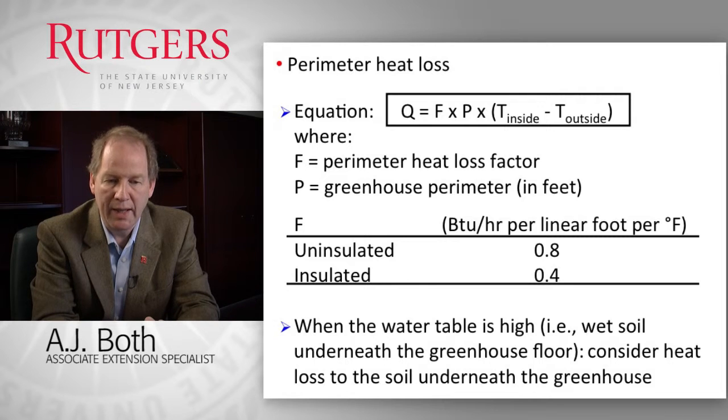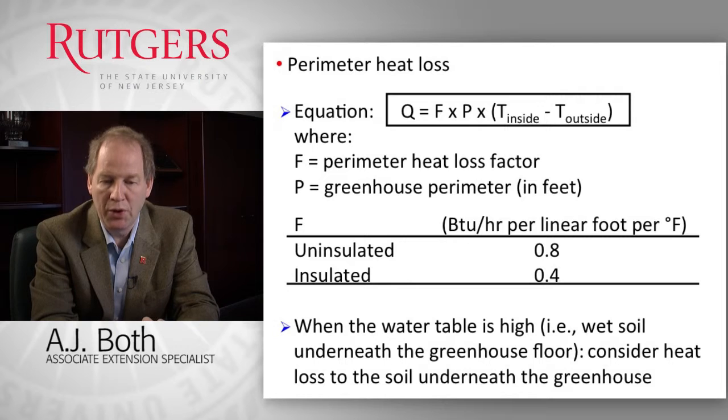One of the issues that I get asked questions about fairly frequently is, in addition to insulating the perimeter of a greenhouse, do we need to insulate the entire floor of a greenhouse to reduce heat loss to the floor, to the ground below the greenhouse structure? And my answer is typically when the water table is relatively high in your location, that means you typically have moist soil directly underneath your greenhouse floor.